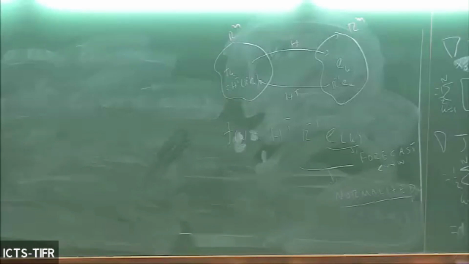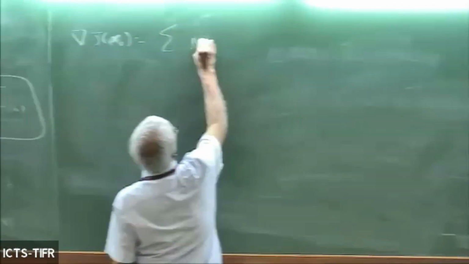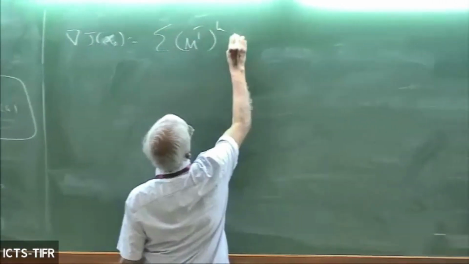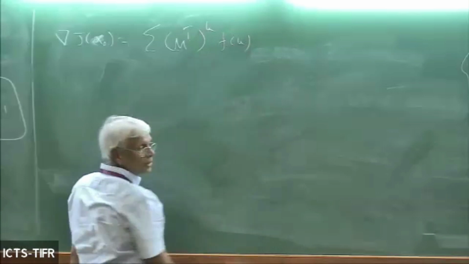As some of you observed, there's also an equivalent observation space formulation. You cannot worry about everything all the time. You have to know one at a time. So I'm trying to confine myself to the model space formulation in all my analysis. Therefore, when I say this is equal to M transpose to the power k f of k, what is this?